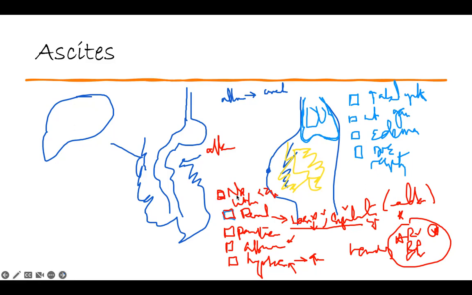So restrict sodium, give them albumin, remove the fluid, and check their hemodynamics after you remove the fluid, and that will manage the patient with ascites. Watch their potassium, that may become a priority. If you check the BMP, potassium is a priority. Sodium too is a priority. But that's how you manage a patient with ascites.